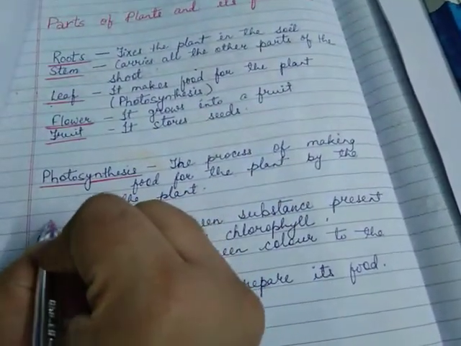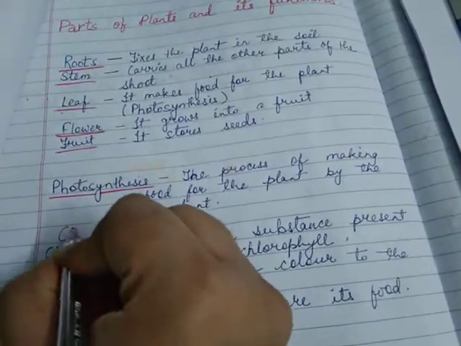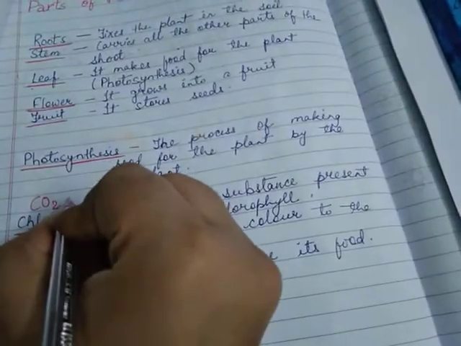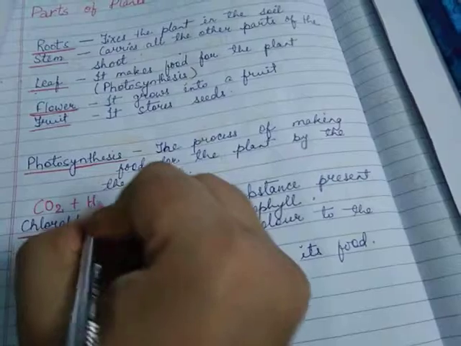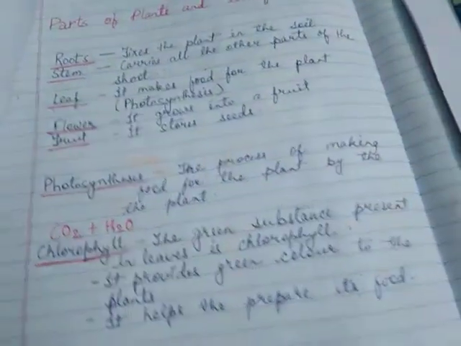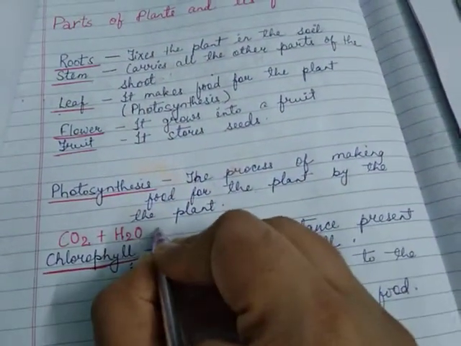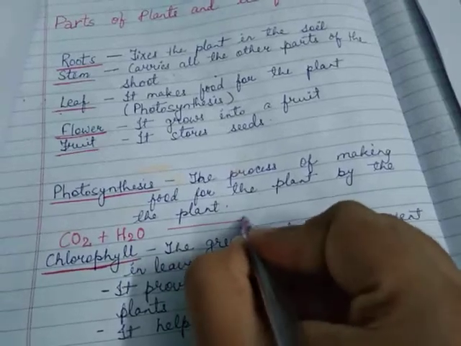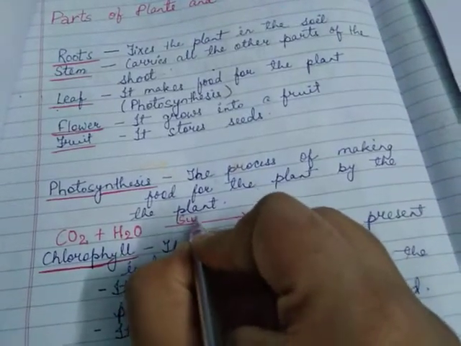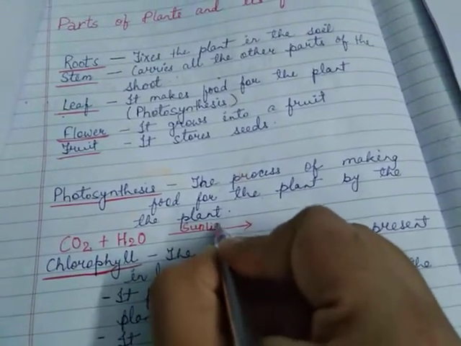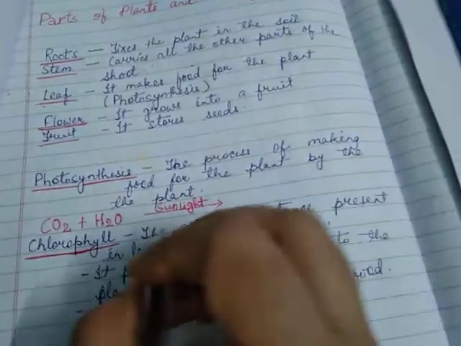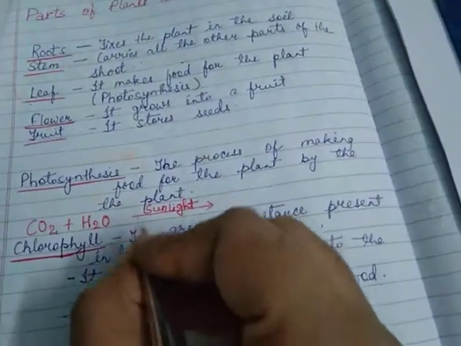It requires carbon dioxide present in the air and water that we put in the soil, under sunlight. It requires sunlight also. Without sunlight, the plant cannot prepare its food.